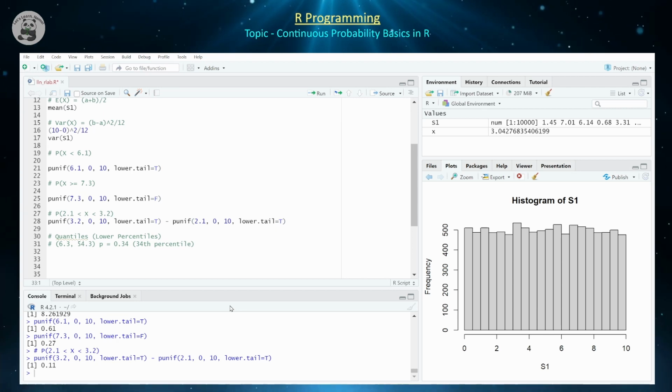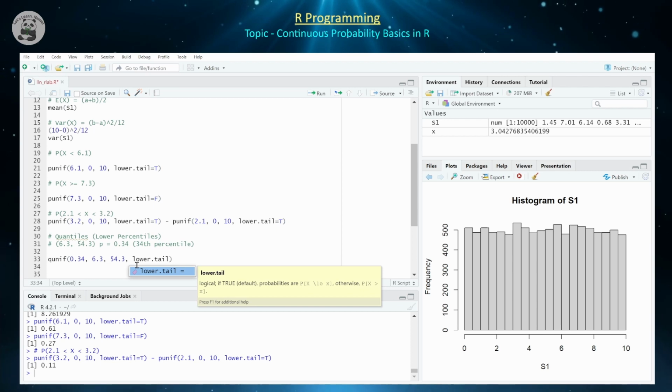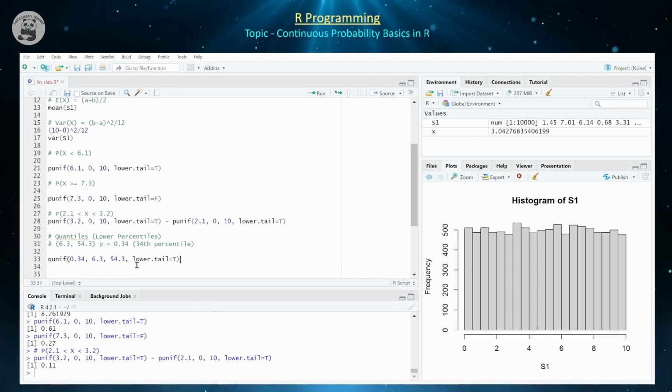So for quantiles, we're going to be using qunif, and you're going to see a lot of patterns here with a distribution that's already predefined in R. You're going to have p-distribution and q-distribution for probabilities and quantiles of that distribution of interest. The quantile we want is going to be 34, lower bound 6.3, upper bound 54.3, and obviously we are focusing on a lower percentile, so lower tail is going to be equal to true.